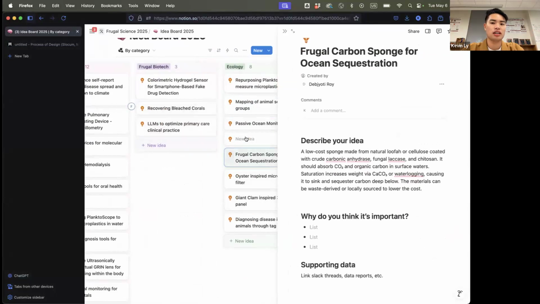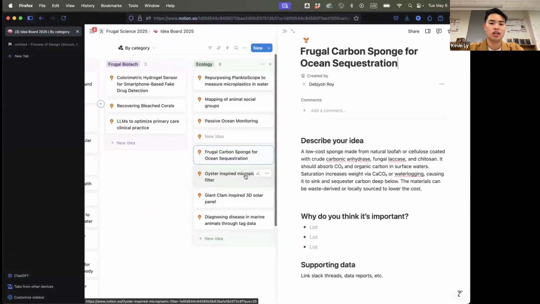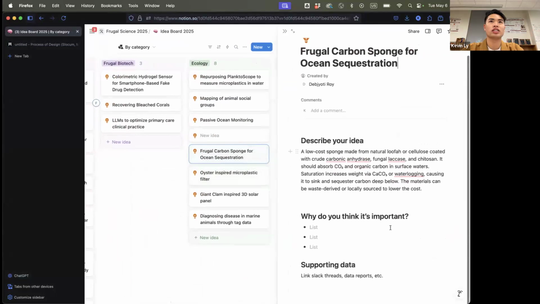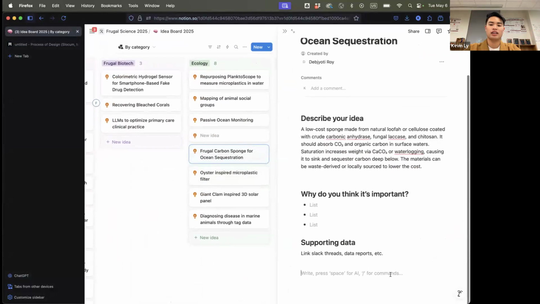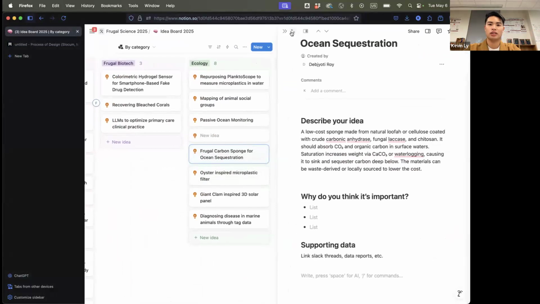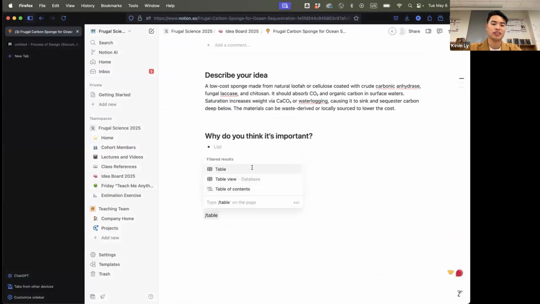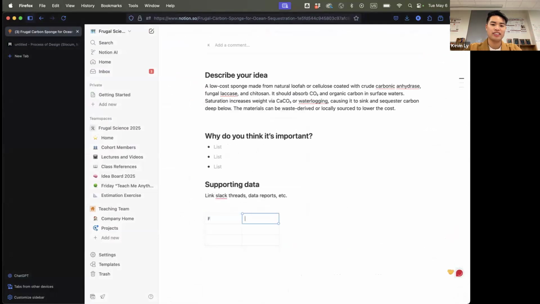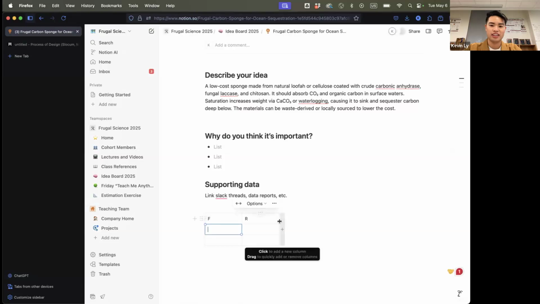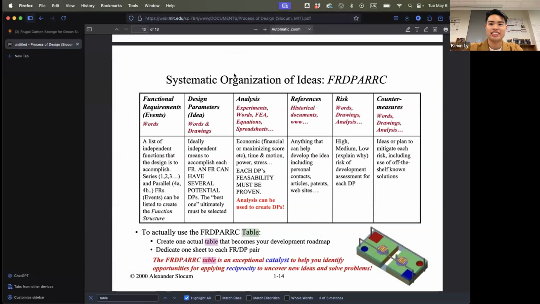So for example, I'm going to go to Frugal carbon sponge for ocean sequestration in the ecology tab. I'll open this all the way and then make a table. I think if I do slash table, I can make a table. So I'll do F R, what are the letters again? FRDP.